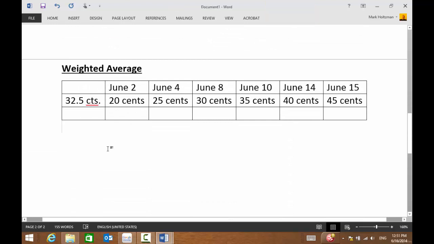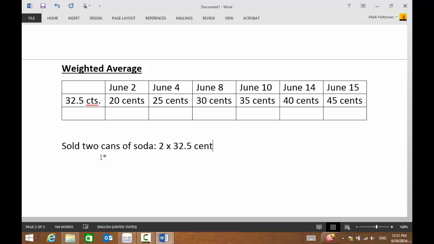But if you were to use weighted average, and let's say you sold 2 cans of soda, how much do they cost? They would cost 2 at 32.5 cents equals 65 cents. No, I'm sorry, 65. Yeah, they cost 65 cents in total.